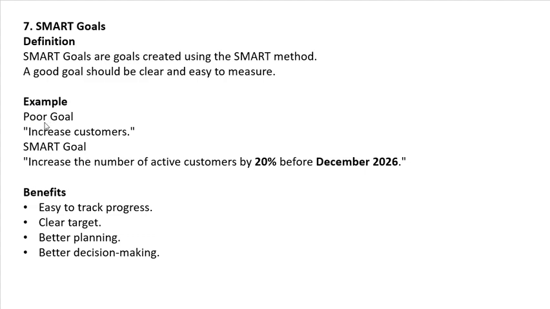For example, a poor goal is to increase customers, and a SMART goal is to increase the number of active customers by 20 percent before December 2026. The benefits are easy progress tracking, clear targets, better planning, and better decision making.